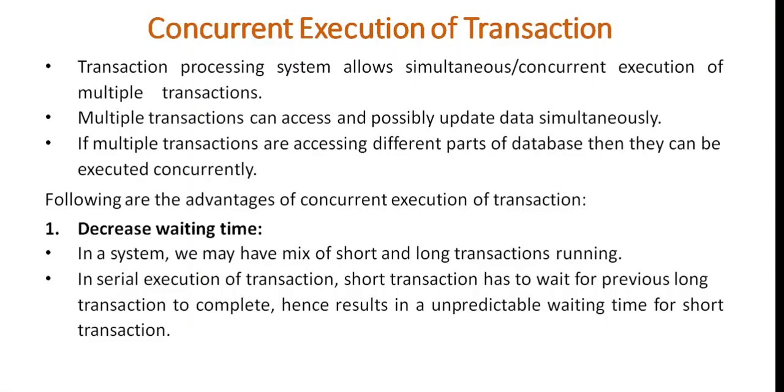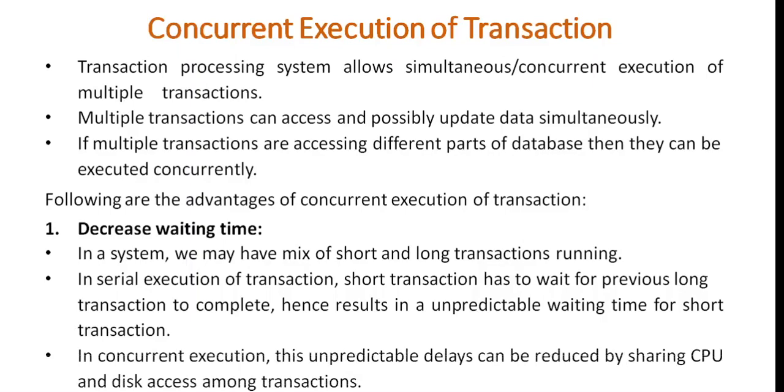So by running all these transactions concurrently or simultaneously, if they are not accessing the same part of the database, we can decrease the waiting time of short transactions. In concurrent execution, multiple transactions can run simultaneously, and by sharing the CPU and disk among all the transactions, we can decrease the waiting time. So this is the advantage of concurrent execution of transactions.